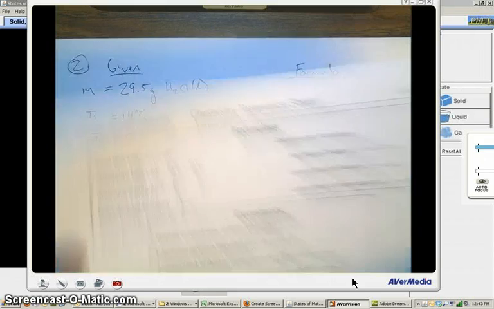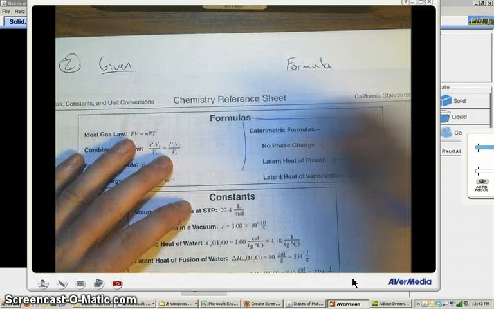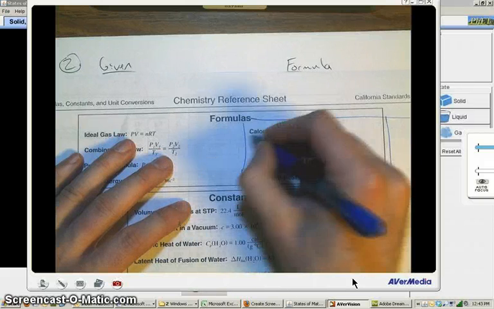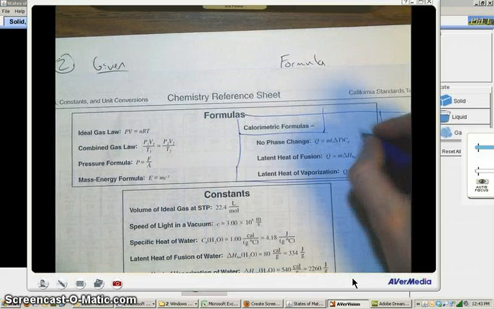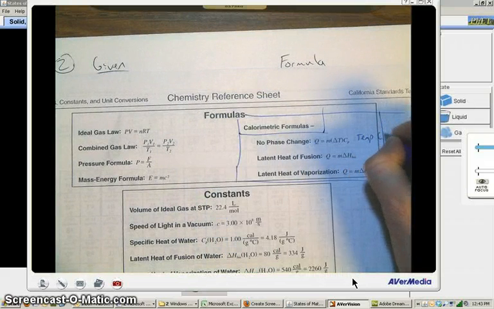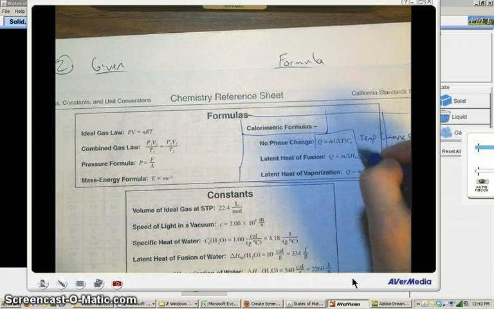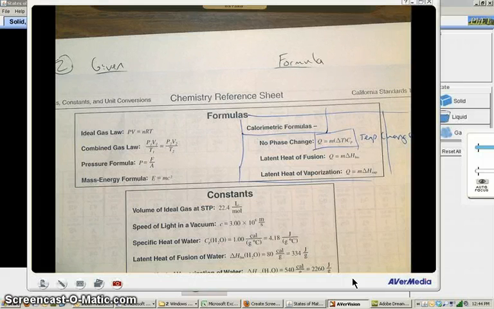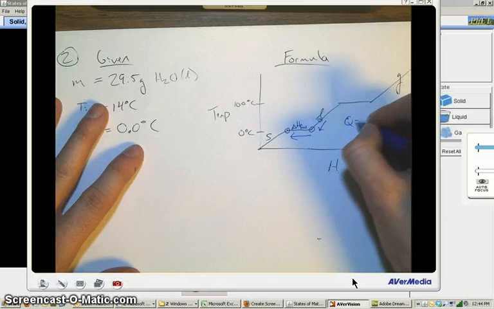It's going to be this one right here. In all of these problems, there are only 3 equations for calorimetry. Only 3. That's it. There's only one of them that involves a temperature change. So the first part of this problem, I'm going to have to use this equation because I'm going from 14 to 0. So the very first equation is going to be Q equals MC delta T.